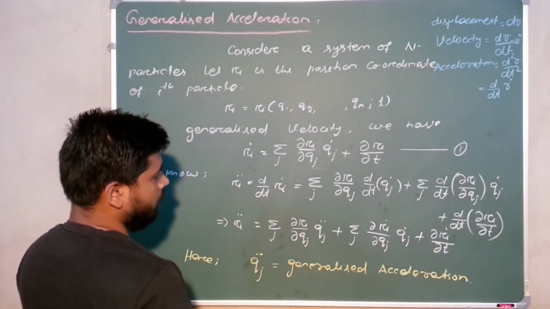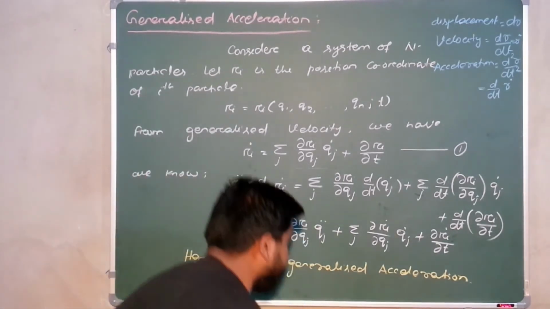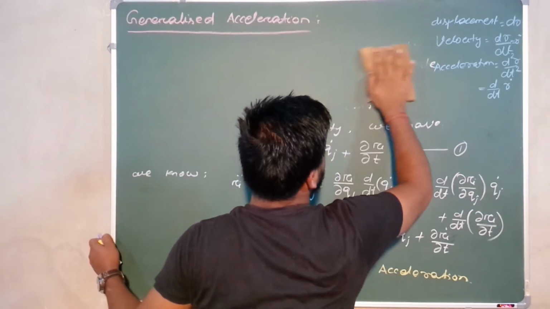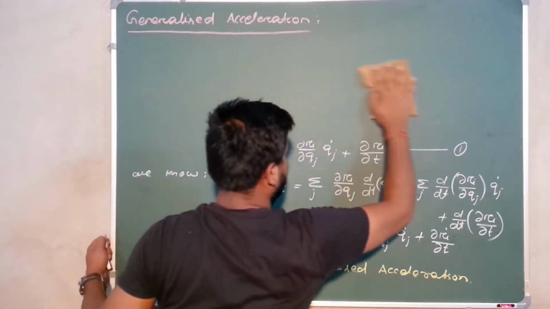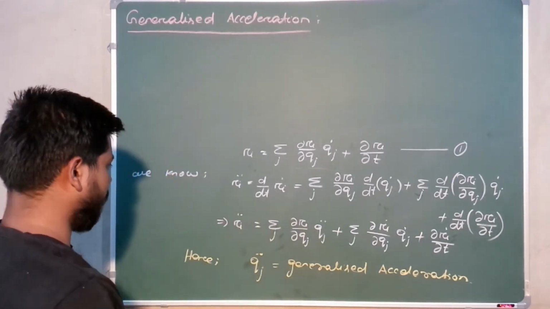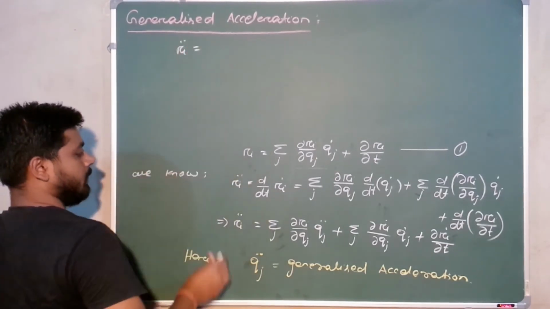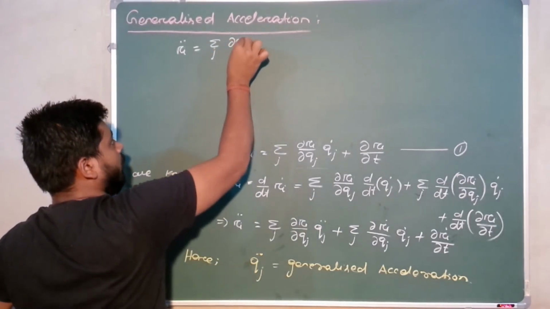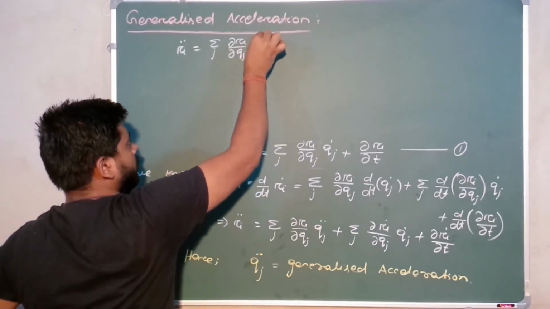Then just see what I got here. Put in this ri dot and simplify. ri double dot is equal to sum over j ∂ri/∂qj qj double dot.